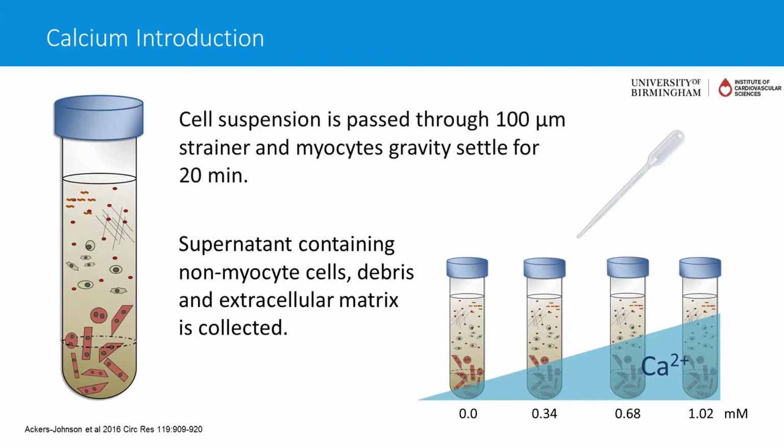I know this is to some extent an oversimplification, but a gradual introduction of calcium is quite important if you want to achieve a high concentration of calcium that your cardiac myocytes are essentially resistant to.